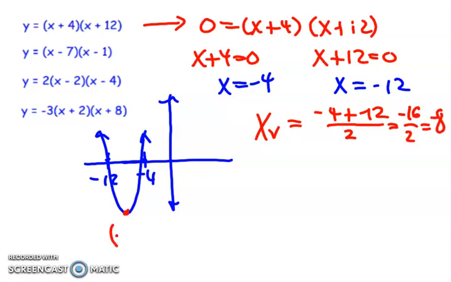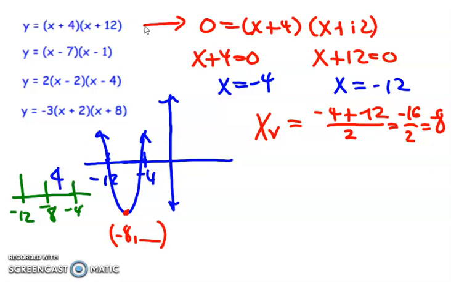So the x value of the vertex is -8. Now we have a number line with 3 numbers: -12, -8, and -4. -8 and -4 are 4 apart, and -8 and -12 are also 4 apart.